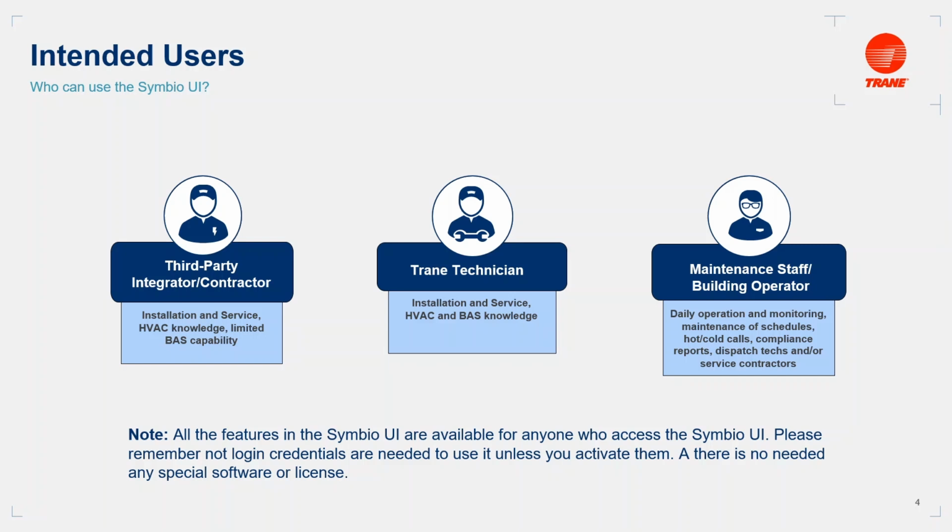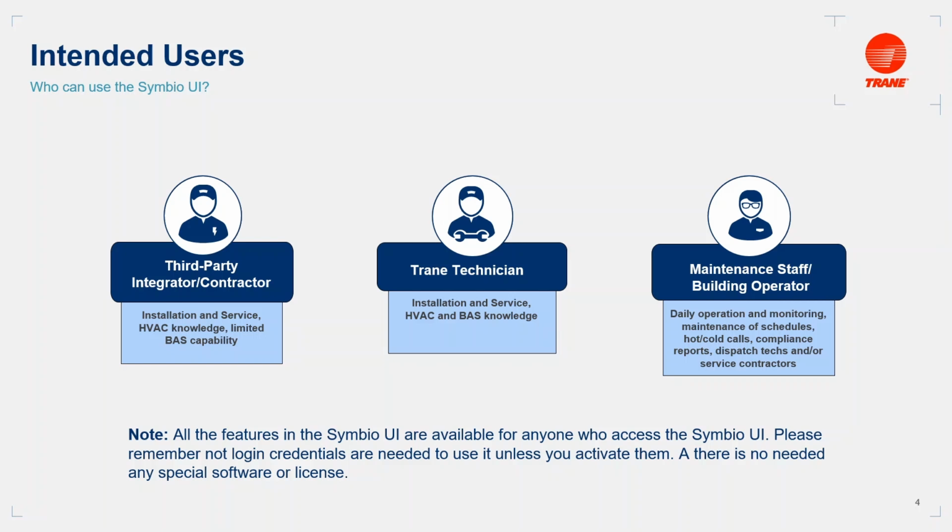Third-party integrators can use this interface to configure communication and protocol parameters, view and configure points, and export the Modbus register mapping if it's needed for integration purposes. Trained technicians can commission or troubleshoot the equipment or the controller, or perform backup and restore procedures, for example.